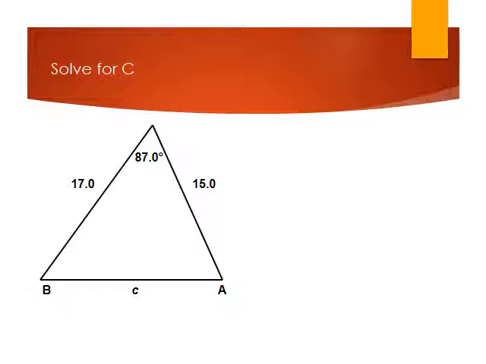In this case, I've got this angle right here that's opposite C, so that's what I'm going to use. C squared equals the two sides that make up the angle, 17 squared plus 15 squared, minus 2 times 17 times 15 times cosine of 87.